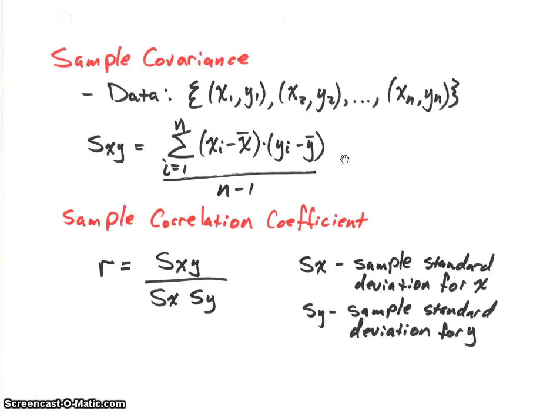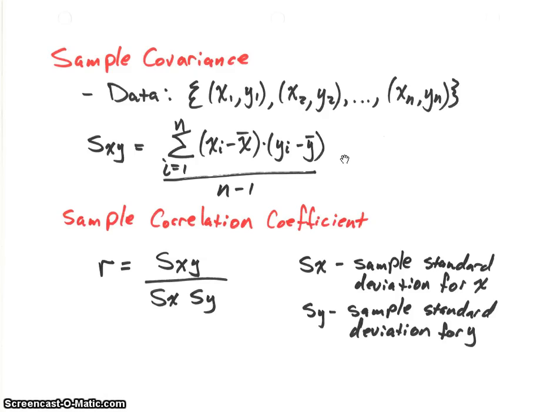Well, in the sample covariance, we are using both the x and the y data, so we are taking the x value minus its mean times the y value minus its mean, and we sum up all of those values for the data in that set. Because it's our sample covariance, we are dividing by n minus 1, n being the number of data values that we have.